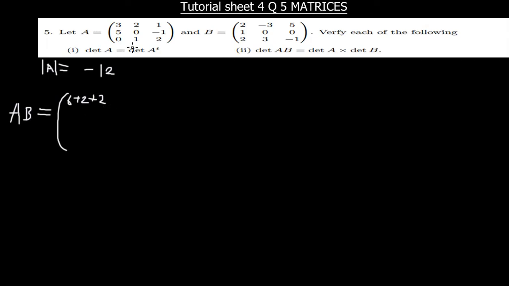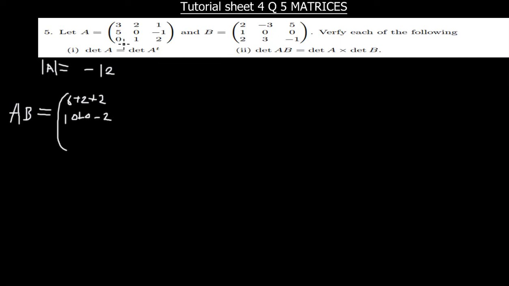I'll move on to the next one. 5 times 2, I'll get 10. 0 times 1, I'll get 0. And negative 1 times 2, I'll get my negative 2 there.